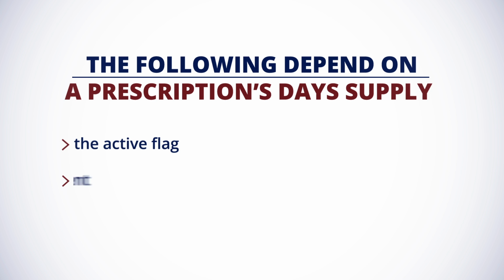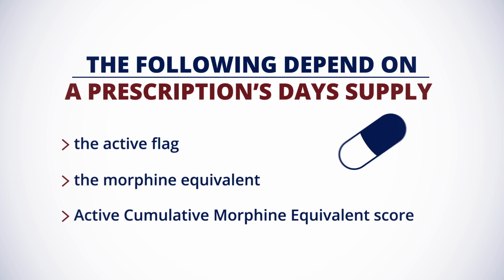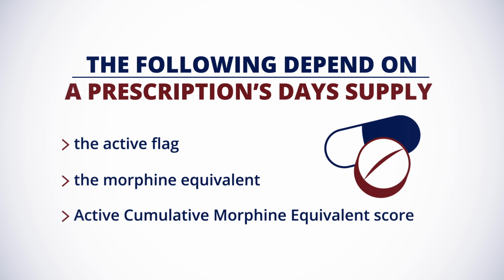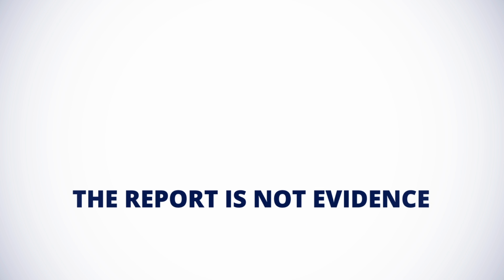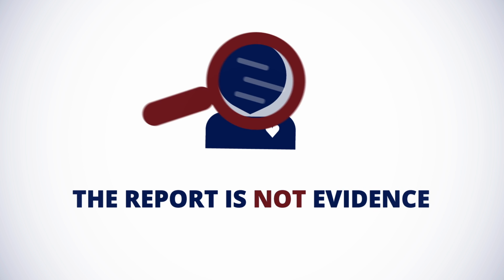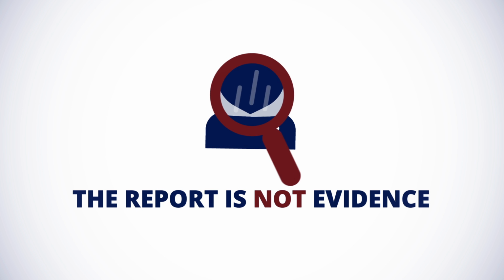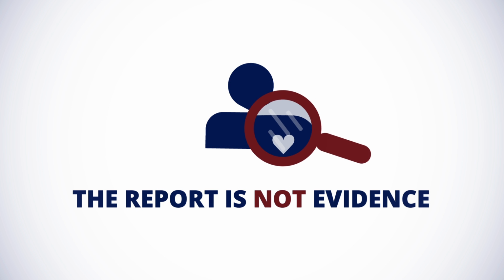Once again, the active flag, the MED, and the ACME score all depend on the day's supply. If the day's supply does not reflect the patient's actual rate of consumption, each of these values may be inaccurate. Remember, an OARRS report is not evidence. Always verify information with the dispensing pharmacy prior to taking any action based on the information on the report.